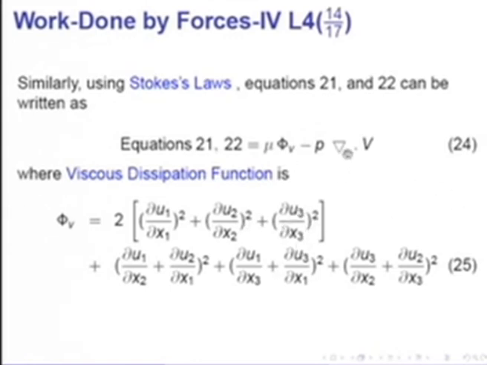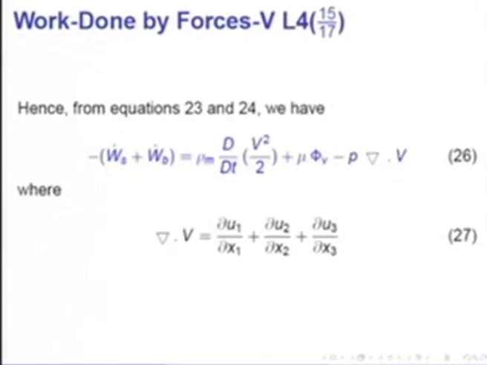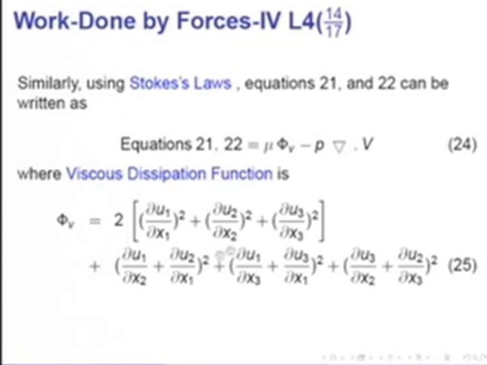Del dot v, as you recall, is simply du1 by dx1 plus du2 by dx2 plus du3 by dx3, and therefore, the total work done terms are simply rho m into d by dt of v square by 2 plus mu phi v minus p del dot v. You will notice that phi v will always be positive, because it is a sum of all the gradients squared.